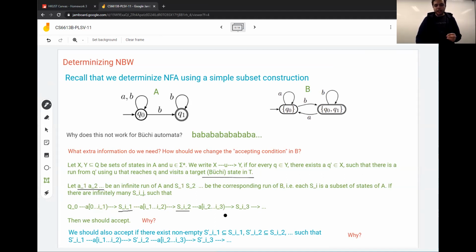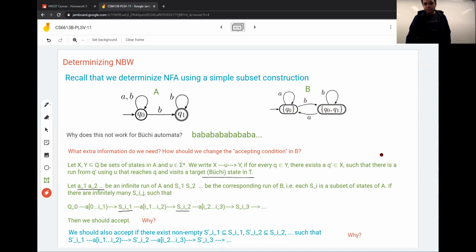So based on that, if I can take my run of this deterministic automaton that I achieved by subset construction and chop it down into several different parts so that I have these coverings, then I should accept. But actually, I can say something much stronger than this.